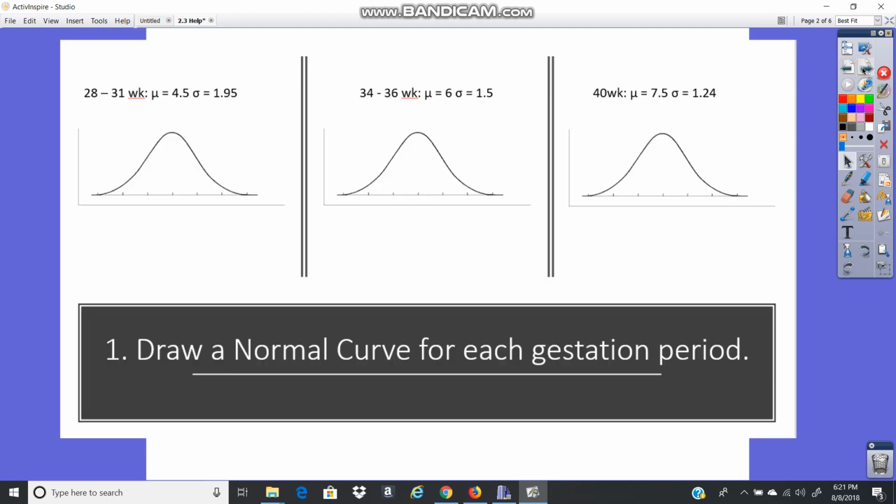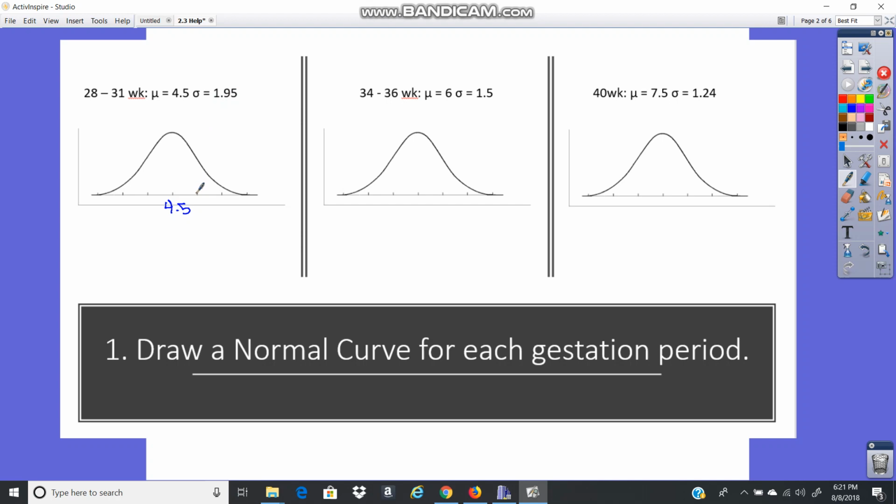So the first part, what we want to do is draw a normal curve for each gestation period. We have all of our means, so we're going to start with a mean of 4.5 for our 28 to 31 week, and then our standard deviation is 1.95.